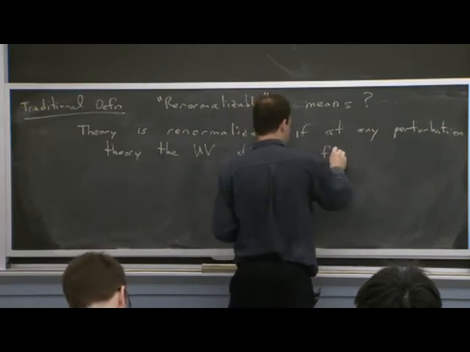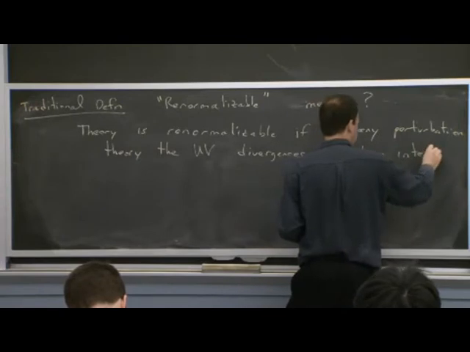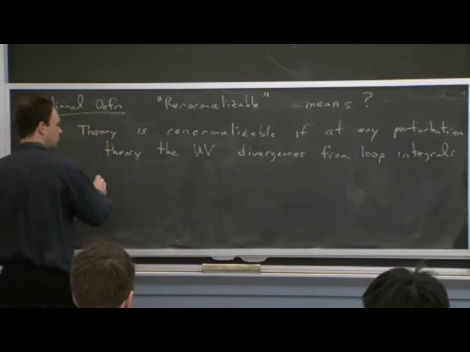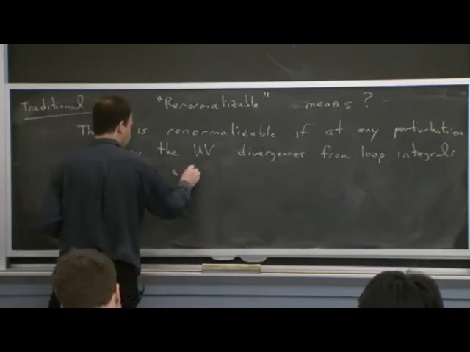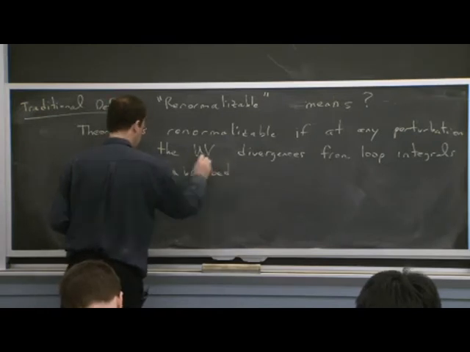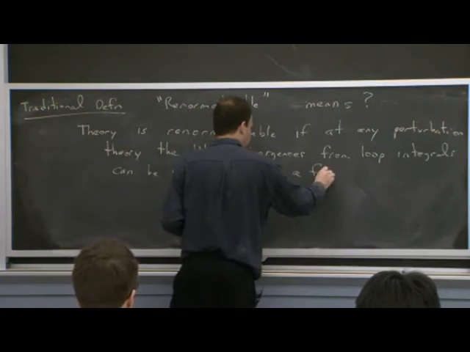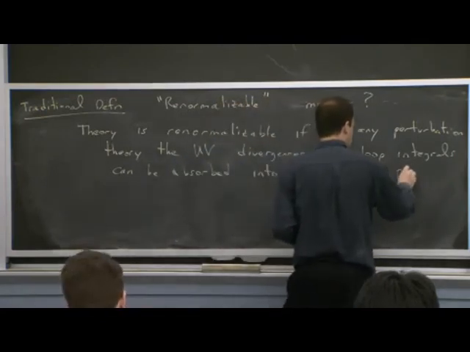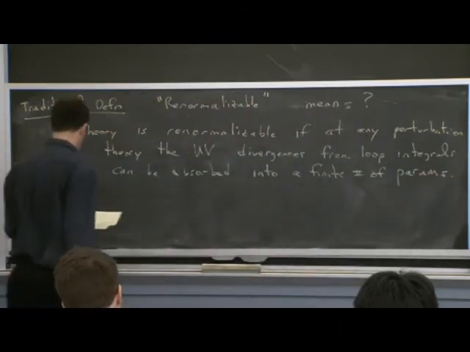So there are UV divergences from loop integrals. If they can always be absorbed into a finite number of parameters, then you'd say the theory is renormalizable. But that's a traditional definition, and we will use a more general definition here. Certainly this was a guiding principle when people constructed the standard model.